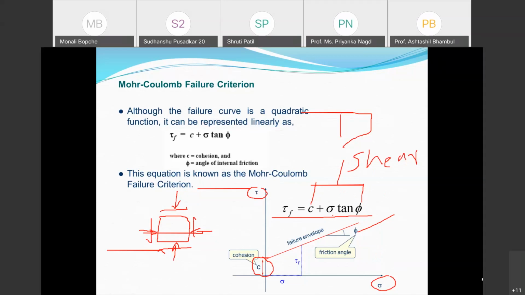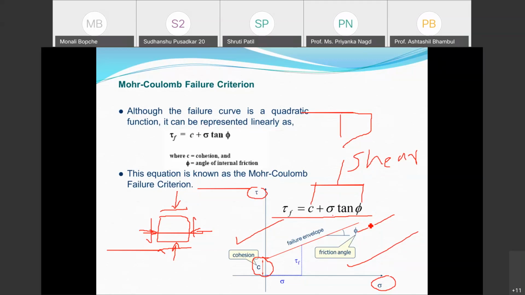Now cohesion is particularly available for fine grained soils. Friction is available for coarse grained soils. Suppose I put C is equal to 0, this equation becomes tau is equal to sigma tan phi. This is for purely sandy soil. As I said, cohesion is available only for clay and silt.